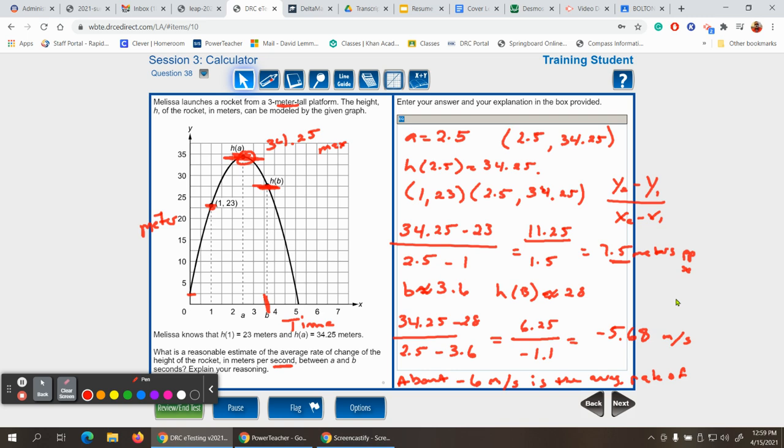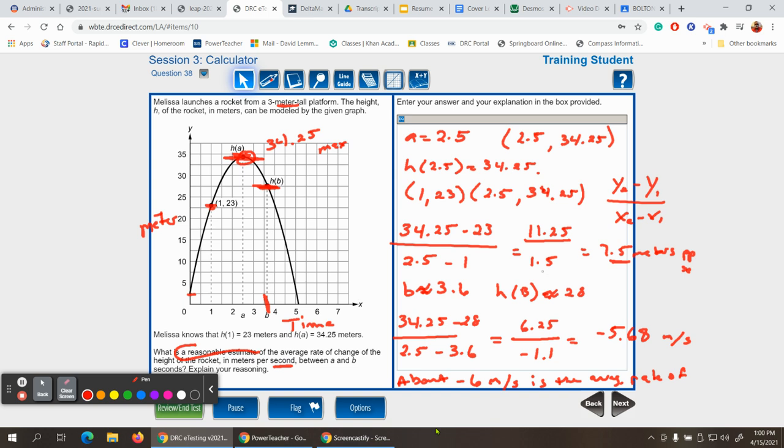So your average rate of change, I kind of ran out of writing room, sorry about that. Your average rate of change between A and B, okay? So you would say, just quote what it says here. You have a reasonable estimate, right? A reasonable estimate. And you have to explain your reasoning.